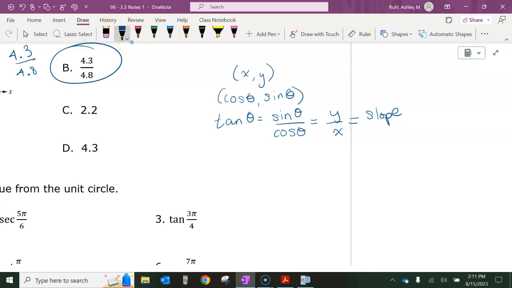The other thing that we should know is we know SOHCAHTOA, right? We've all known that for a long time, but our new ones that we learned just yesterday is that cosecant is the reciprocal of sine, secant is the reciprocal of cosine, and cotangent is the reciprocal of tangent. So we need to know those.